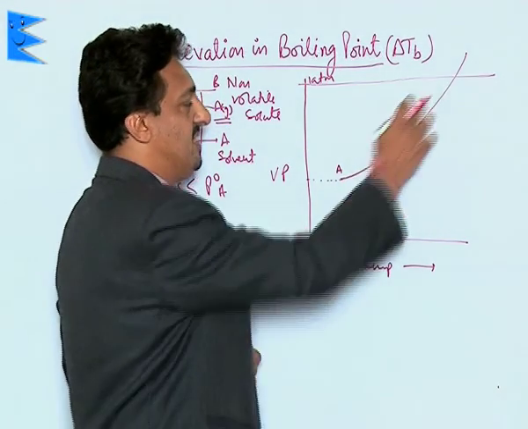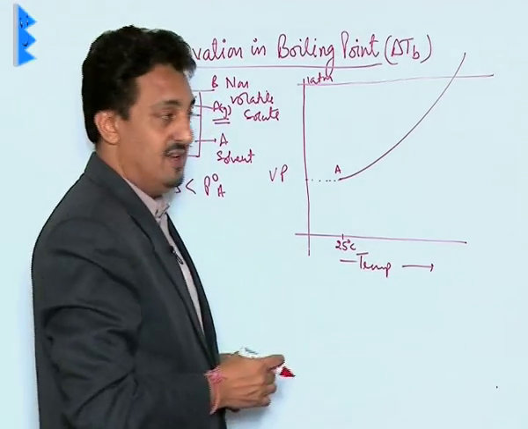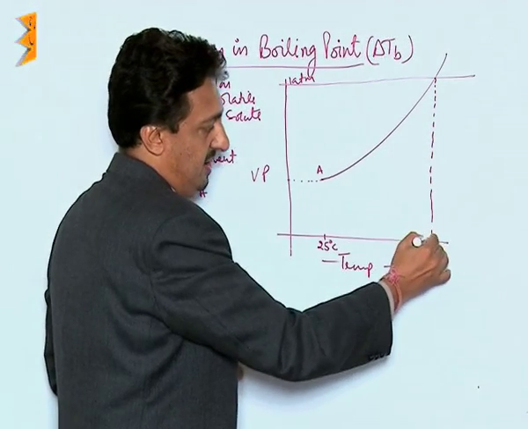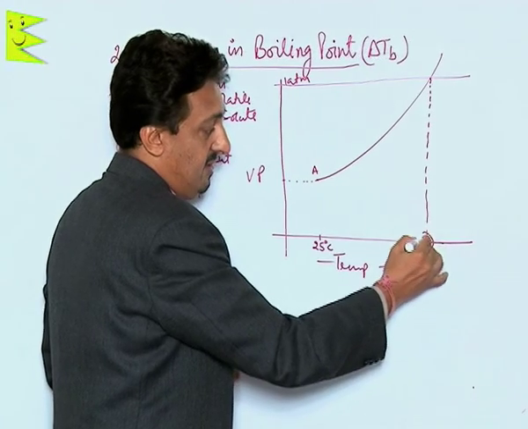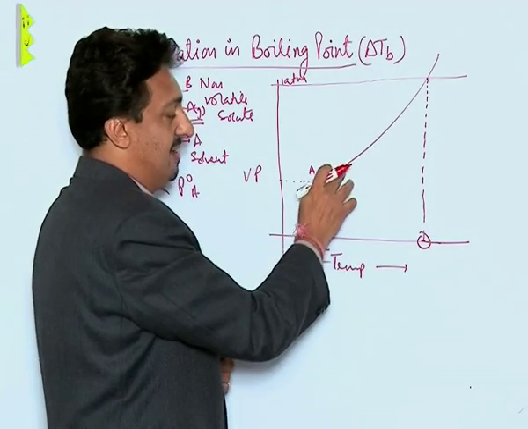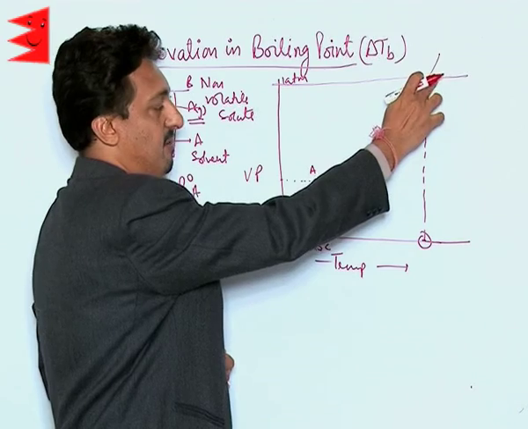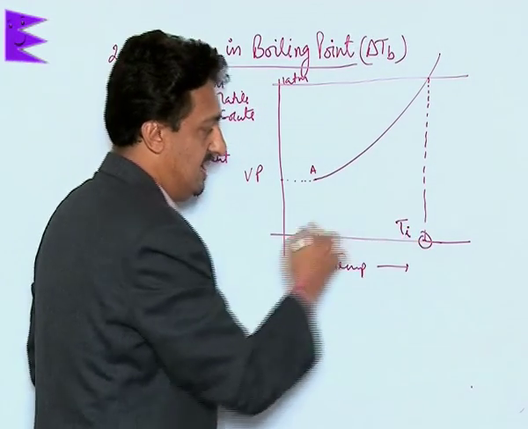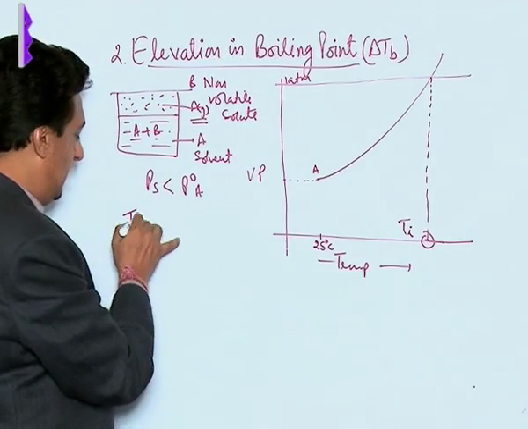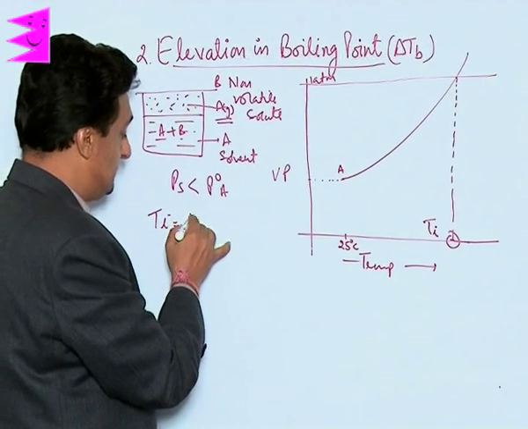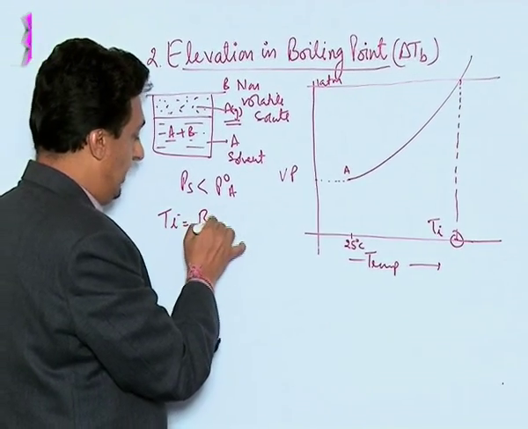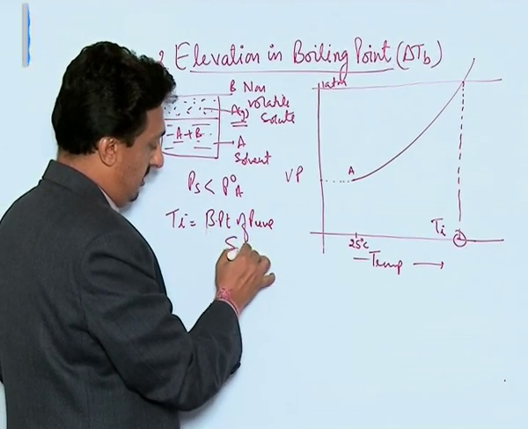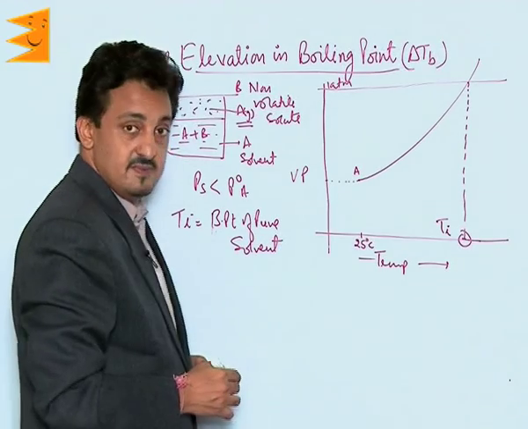This graph is the graph of the pure solvent, and at this point, if we draw the perpendicular, we can find out the temperature at which the original pure solvent starts boiling, because its vapor pressure becomes equal to the atmospheric pressure. This is called Ti, the boiling point of pure solvent.